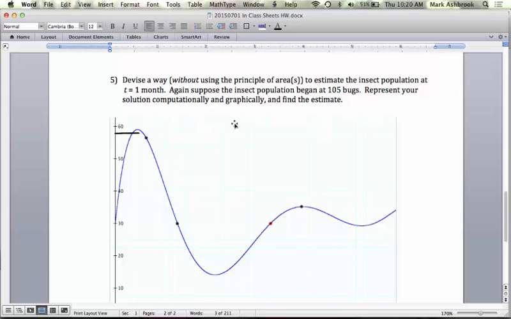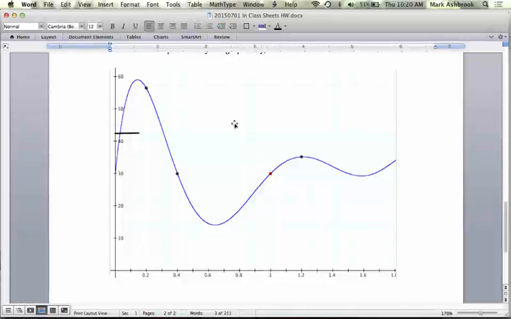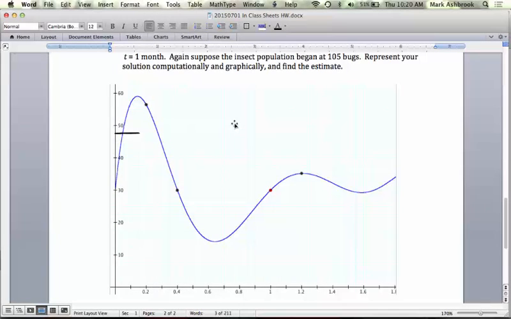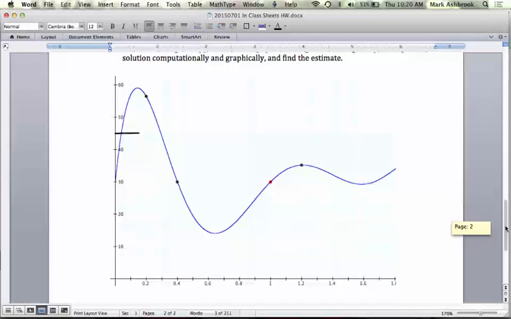Okay, so for the first month, we want to try to estimate what the population would be at 1 month. So taking this lead of the 0.2, I didn't tell you what interval widths to use. So you could use 0.2, you could use 0.1, 0.3, anything that's kind of convenient.